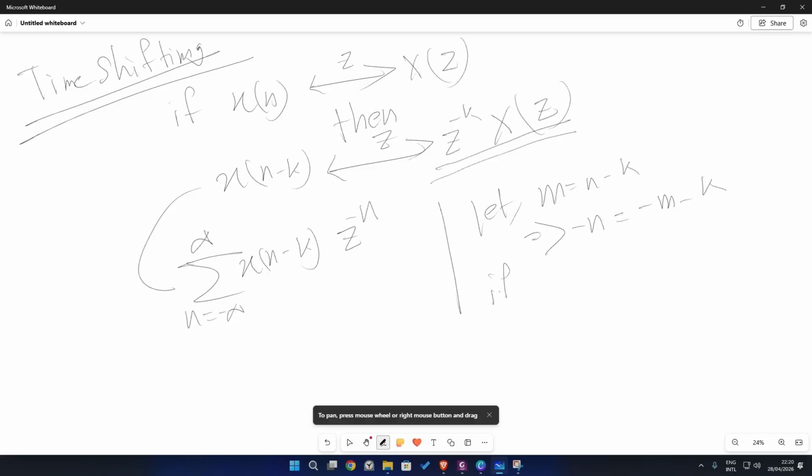If n equal to minus infinity, then m will be minus infinity, and if n equal to infinity, then m will be infinity. So if we simply replace it, m equal to minus infinity to infinity x of m z, so we are replacing minus n with minus m minus k.